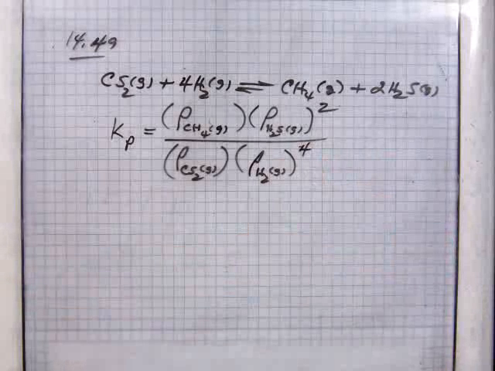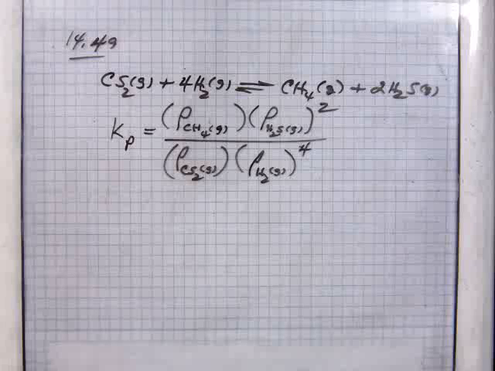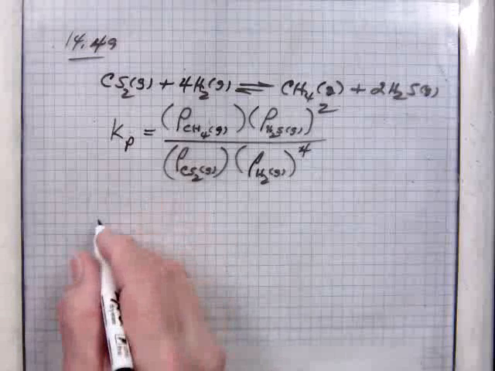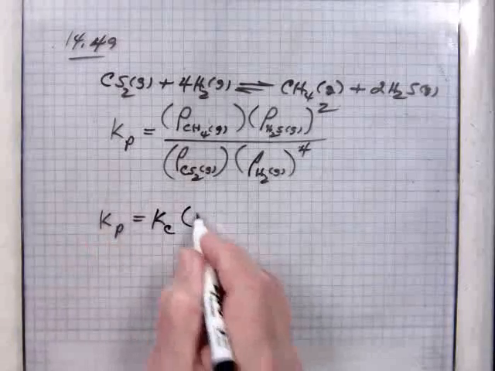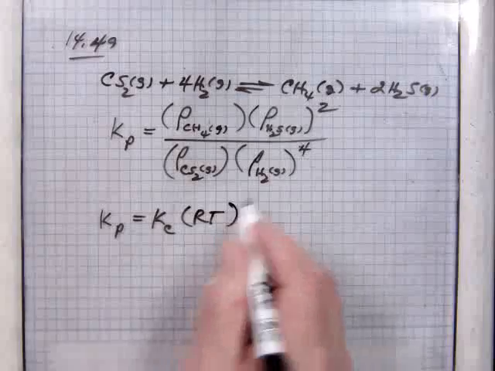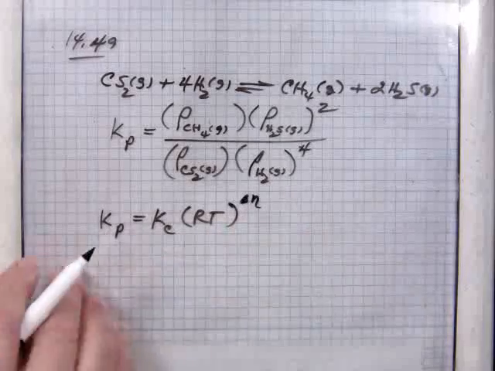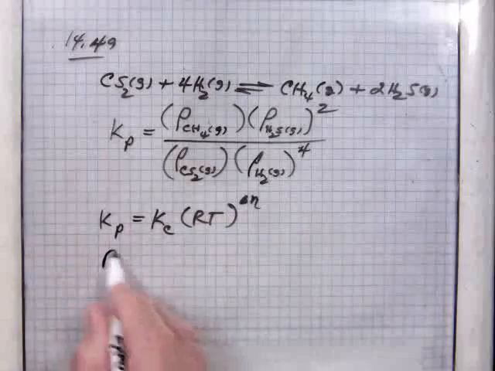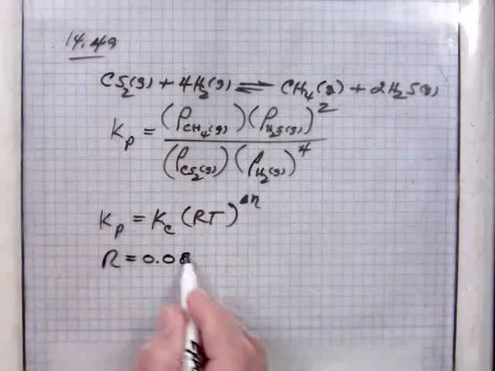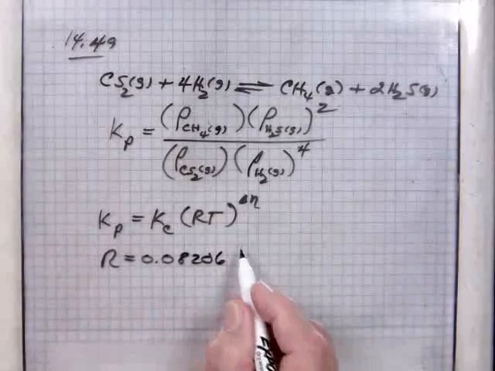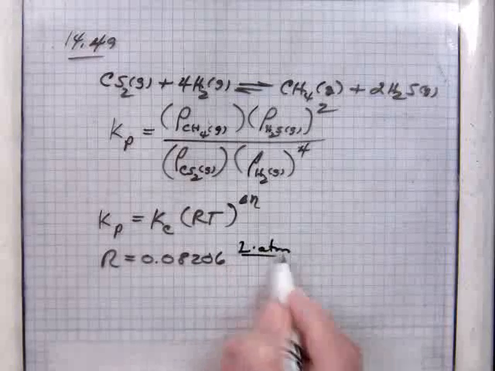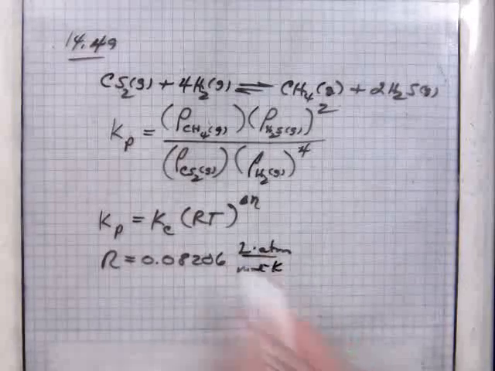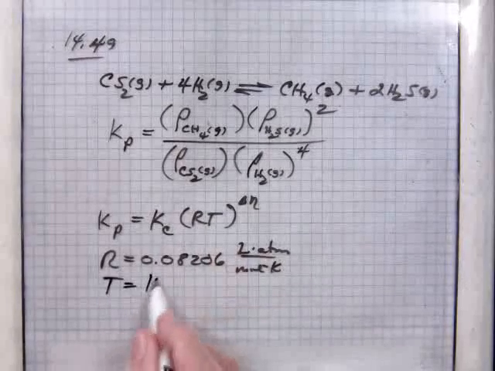The relationship between Kp and Kc needs some consideration also. Kp is equal to Kc times RT raised to the delta N value. Well, R is 0.08206, the universal gas constant for gases, liter atmospheres over mole Kelvin. Temperature is in Kelvin.